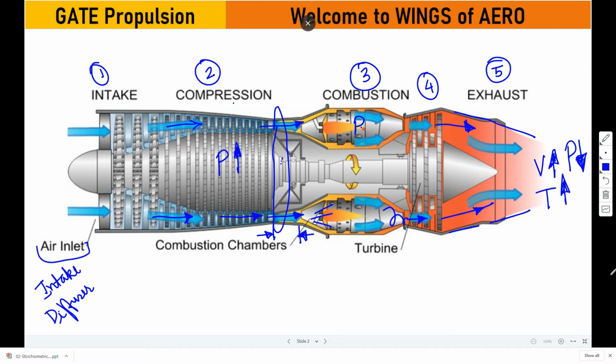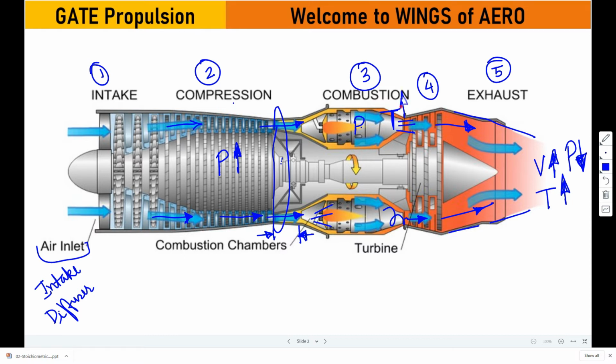Now considering the temperature point of view, the temperature will always be maximum at the exit of the combustion chamber.